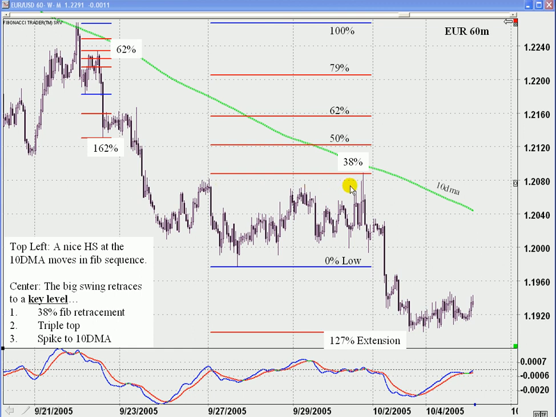Therefore, if they're respecting these levels, then I want to also be respecting these levels and watching for bounces in and about these levels, both on a flows basis, but also on a technical basis, be it the 38% retracement, previous high, and the 10-day moving average, which I simply deem as a simple moving average as important. We see that this holds as a range high and price continues to move lower down to the 127% extension before consolidating after a generous move.